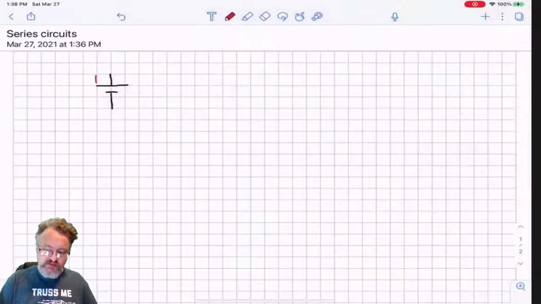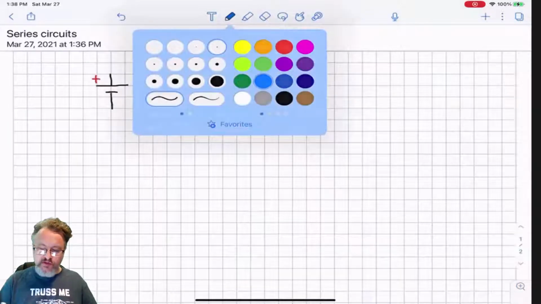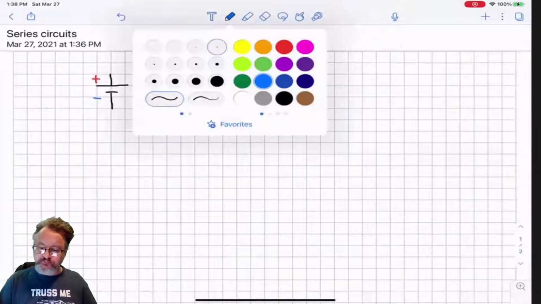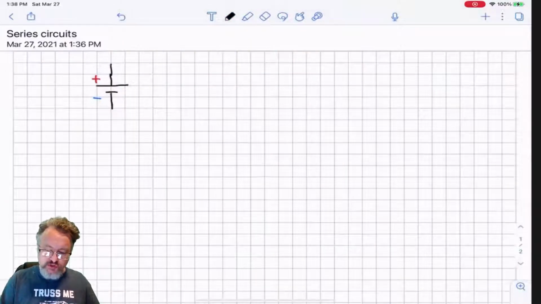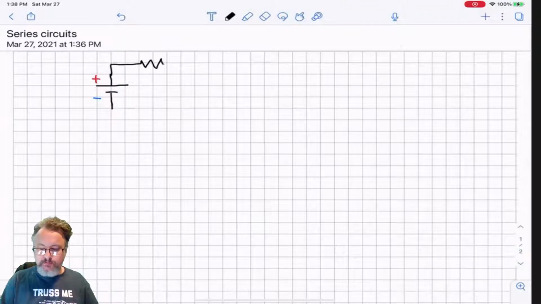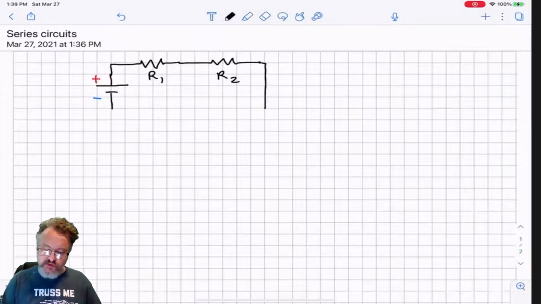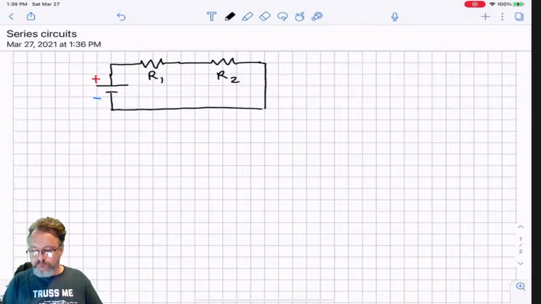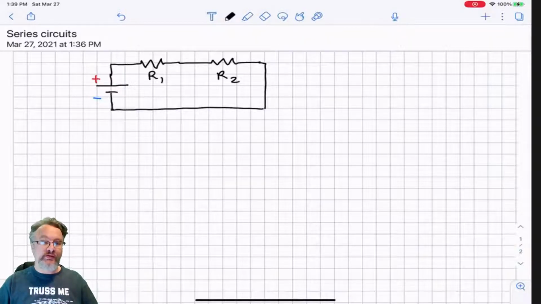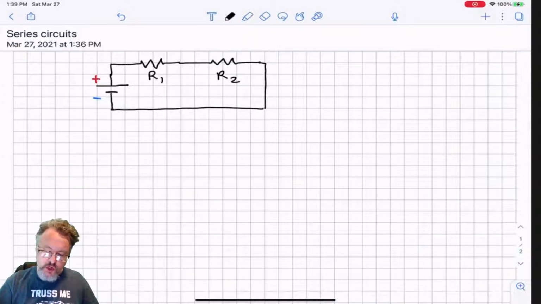We would have the positive side right here and the negative side right here. And we're just going to have two resistors. Let's call this resistor 1 and this resistor 2. Those two resistors together will constitute a little circuit, a series circuit. Very simple one, but nonetheless a circuit.